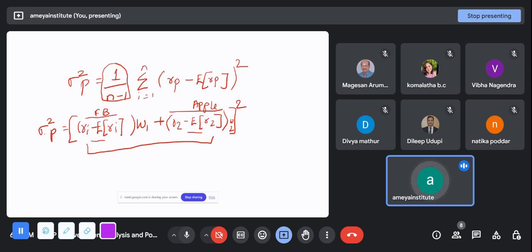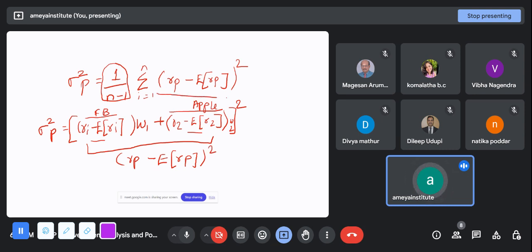It becomes variance of portfolio. So if I combine this formula together, it can be like this: Rp, that's called portfolio return, minus expected return on Rp, bracket close, to the power of square.